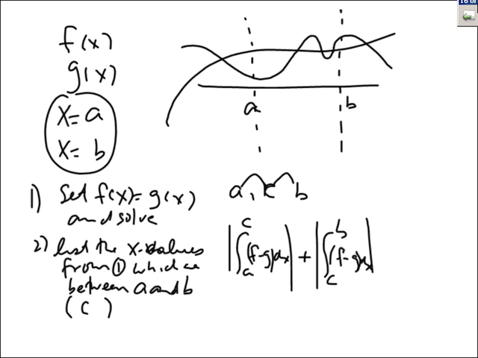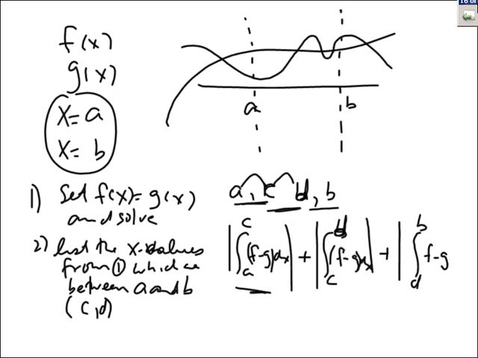If in addition to C, you also had D, and D is bigger than C, you go from A to C, then from C to D, and then you'll integrate from D to B. F minus g dx, absolute value.